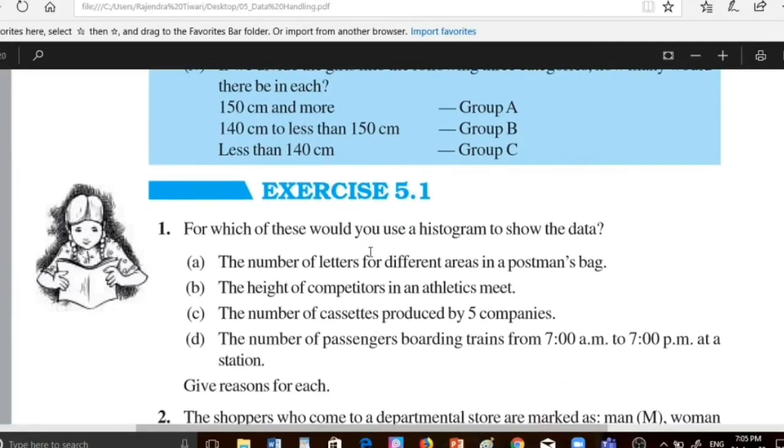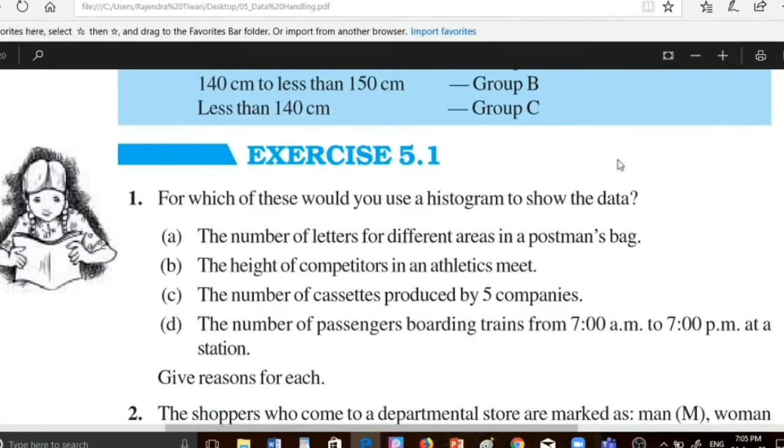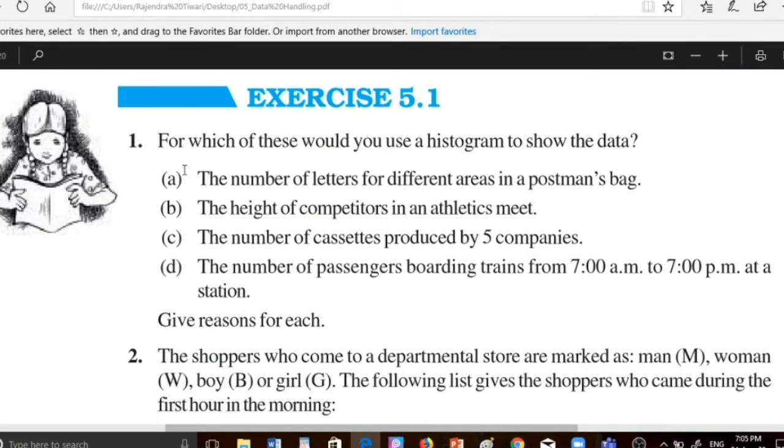Okay, now we start exercise 5.1. First question: for which of these would you use a histogram to show the data? There are four options. Which one belongs to the histogram? We know what a histogram is. The first option is the number of letters for different areas in a postman's bag.